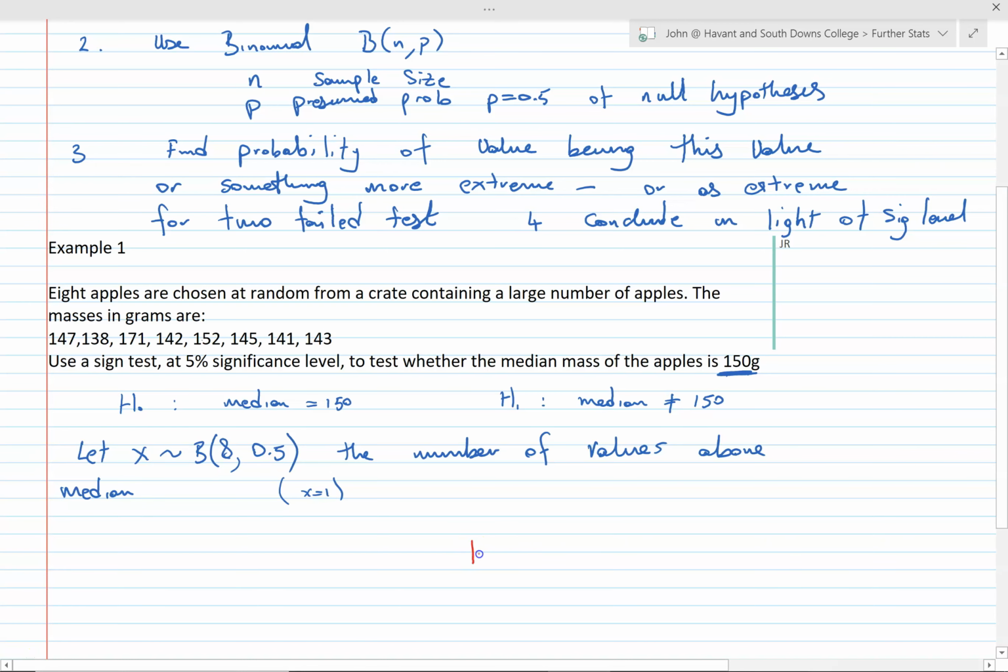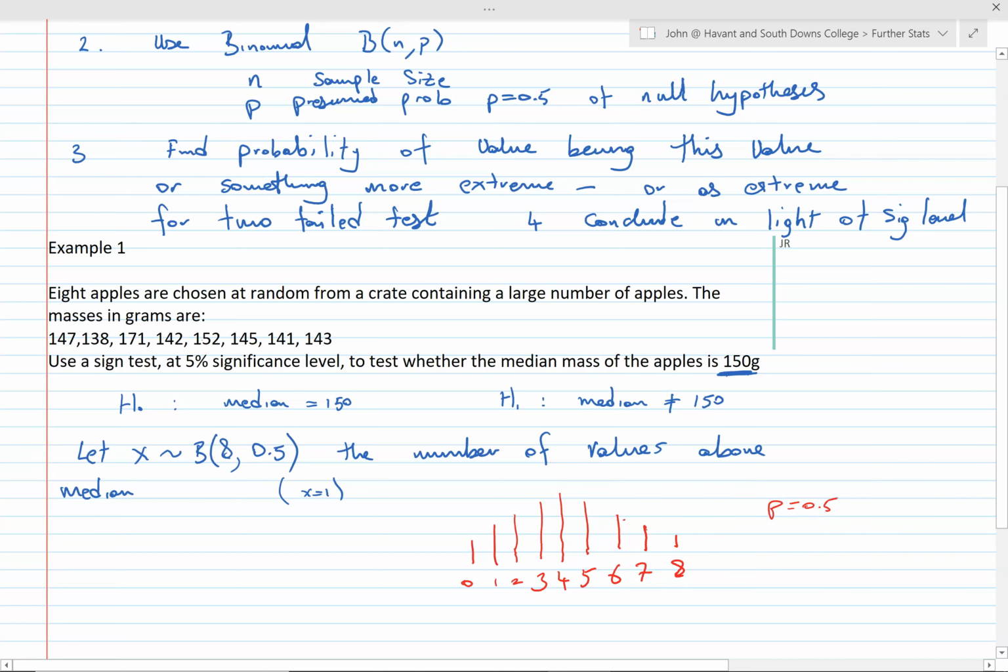We've got 9 possible values that we can get: 0, 1, 2, 3, 4, 5, 6, 7, or 8.